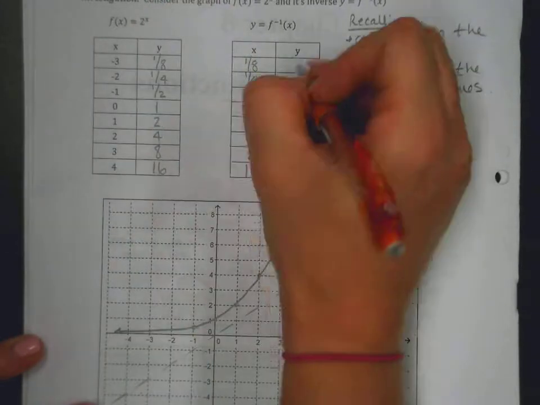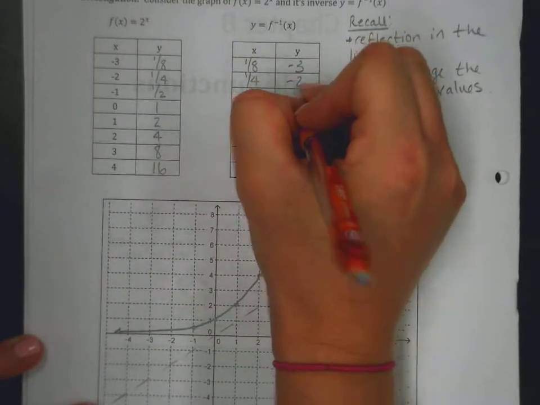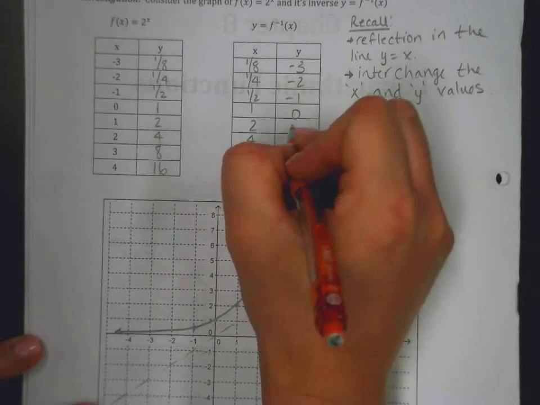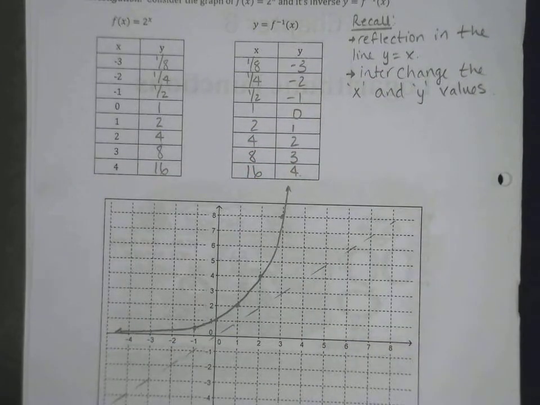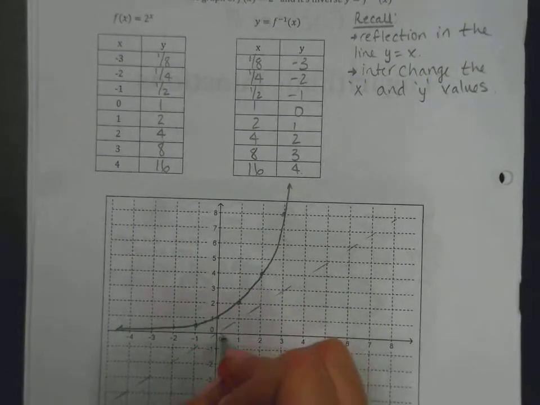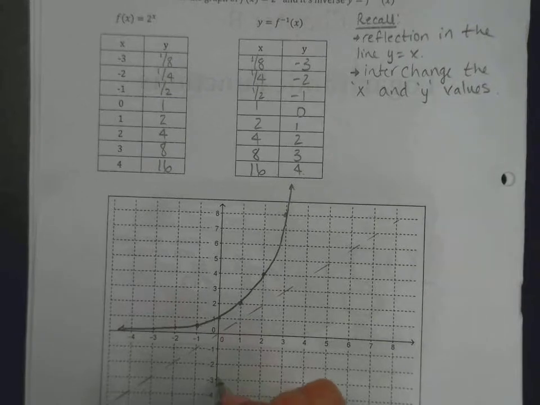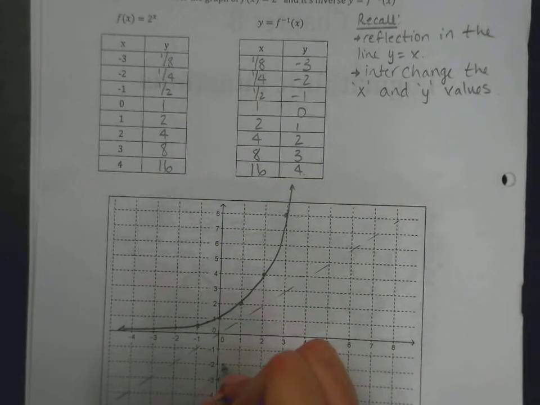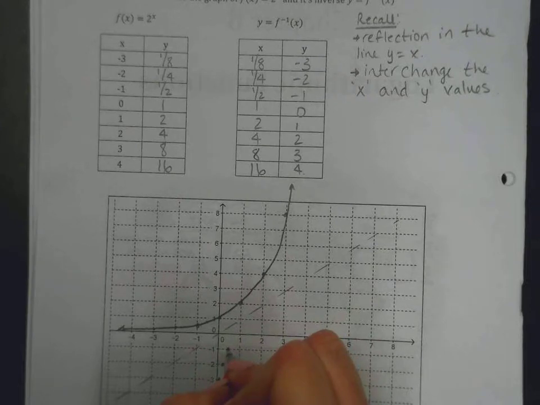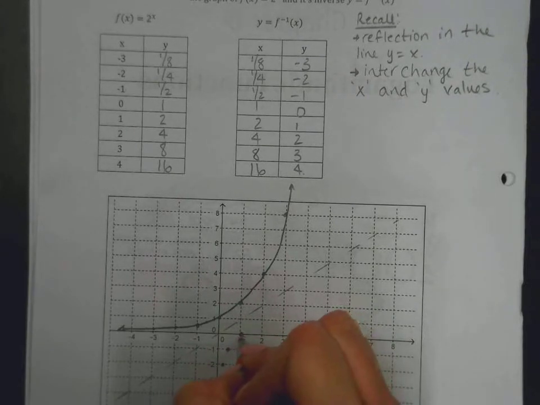Okay, so when x is 1/8, my y value is negative 3. When x is 1/4, it's negative 2. 1/2, it's negative 1. At 1, it should be 0. At 2, it should be 1. At 4, it should be 2. At 8, it should be 3.